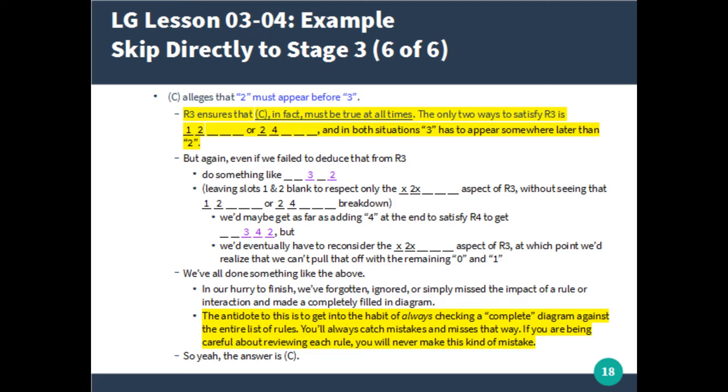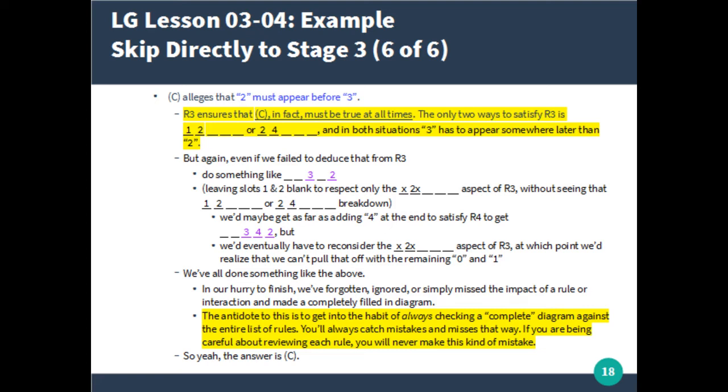But again, let's say by some unfortunate collection of circumstances you just happen to skip to this question because the rest of the game wasn't working for you, you're under time pressure, whatever it is. Let's say we fail to deduce from Rule 3 that C is what we're looking for. We might end up with something like blank, blank, 3, blank, 2, because if we find out that putting 3 in spot 1 has problems, and 3 in spot 2 has problems, right?